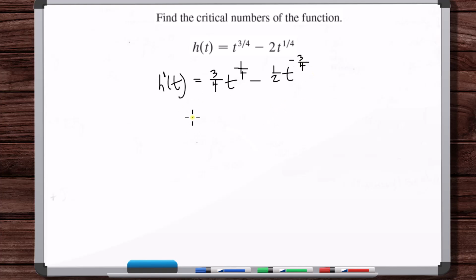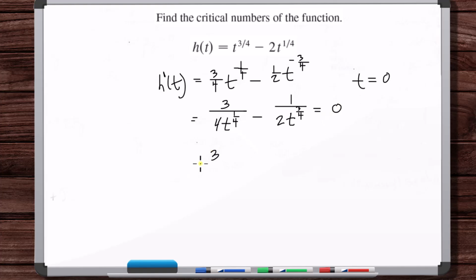So this is 4t to the 1/4, and that's under 3, and then 2t. First of all, where does this not exist? When t is equal to 0. So that's a critical number, and there's no other point where it doesn't exist. Now, let's set this equal to 0 and solve.